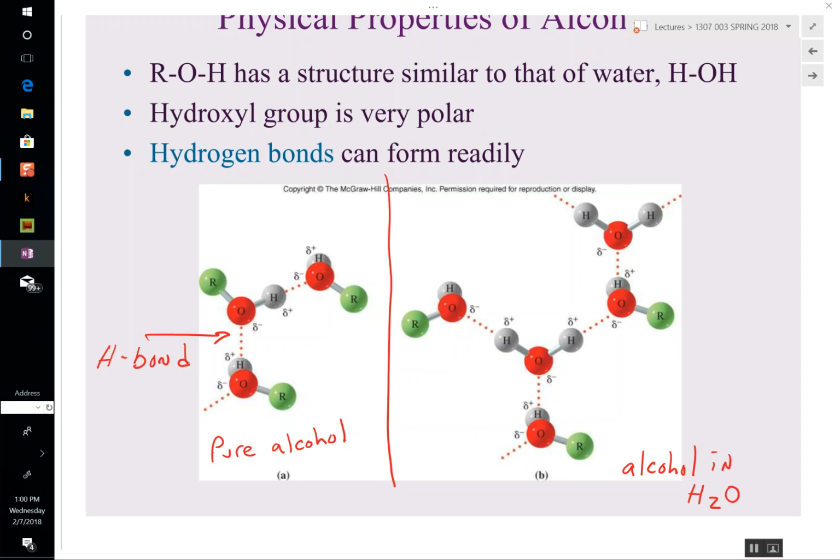Those are hydrogen bonds. Although they are not as strong as bona fide covalent bonds, they are very important. When molecules can hydrogen bond with themselves or something else, it affects their properties in dramatic ways.